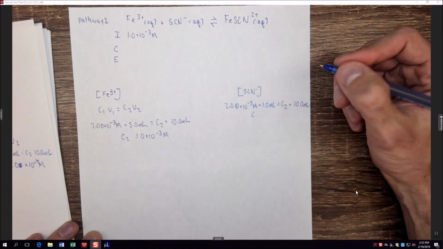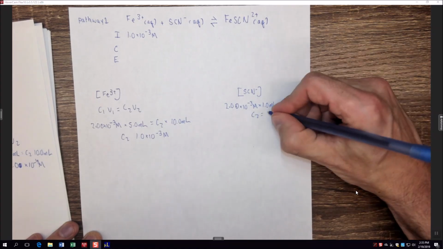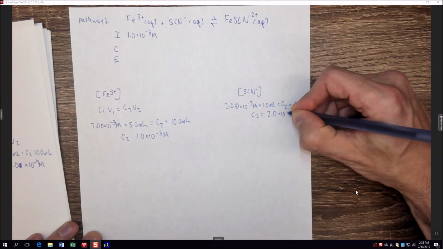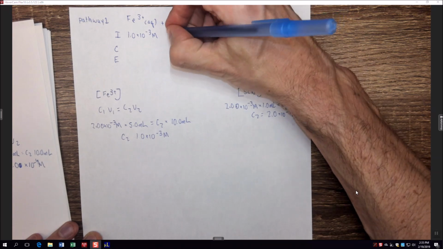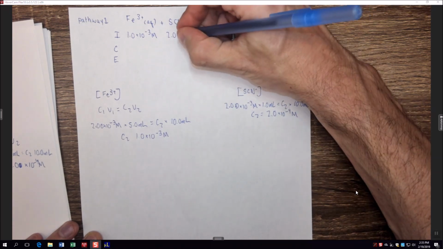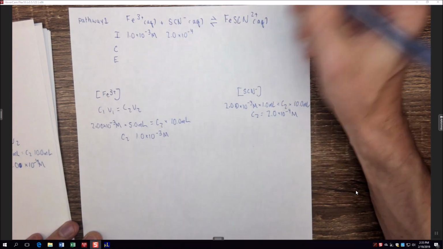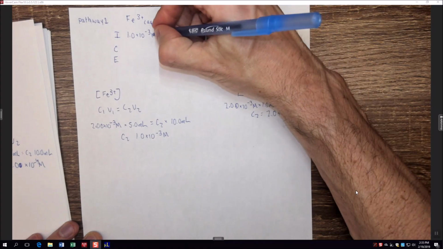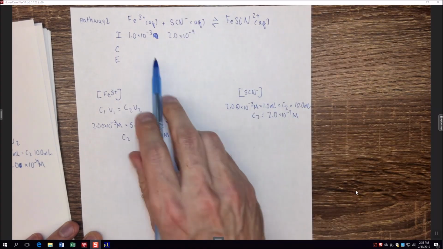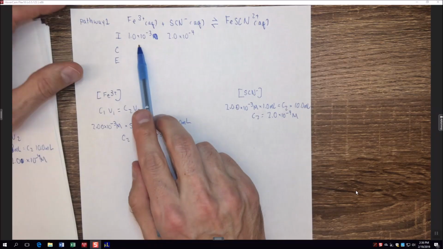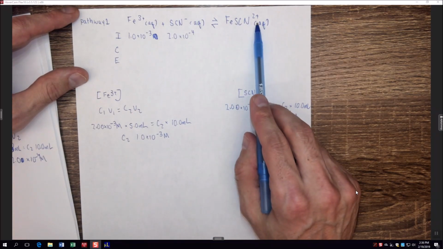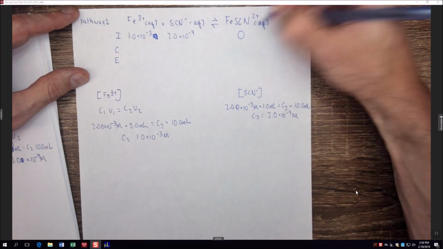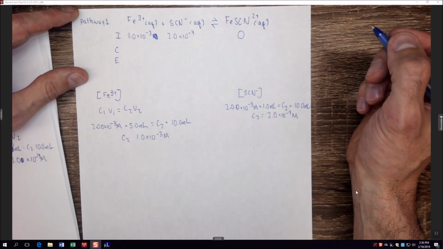When you do this, you find that the concentration is 2 times 10 to the minus 4 molar. So we can plug that in. Now, the initial concentration, usually we don't put the units here. The initial concentration of FeSCN2+ is going to be 0 because we don't have any of that.